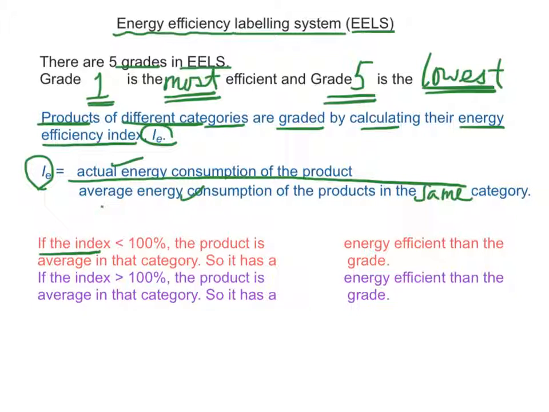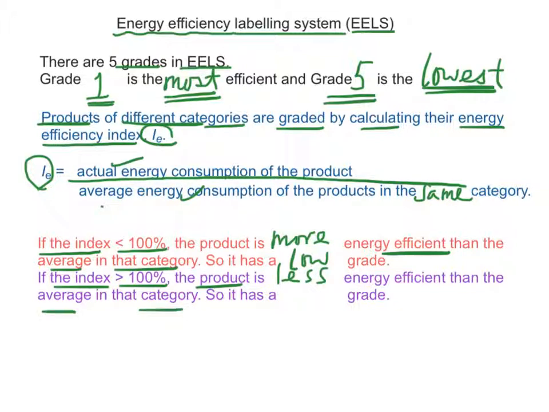If the index is smaller than 100%, the product is more energy efficient than the average in that category, so it has a lower grade. If the index is larger than 100%, then the product is less energy efficient than the average in that category, so it has a high grade.